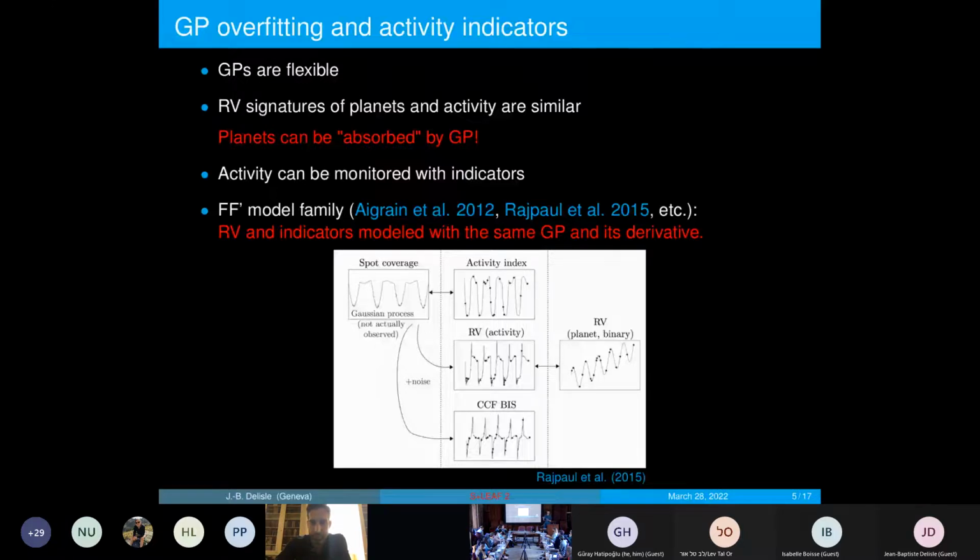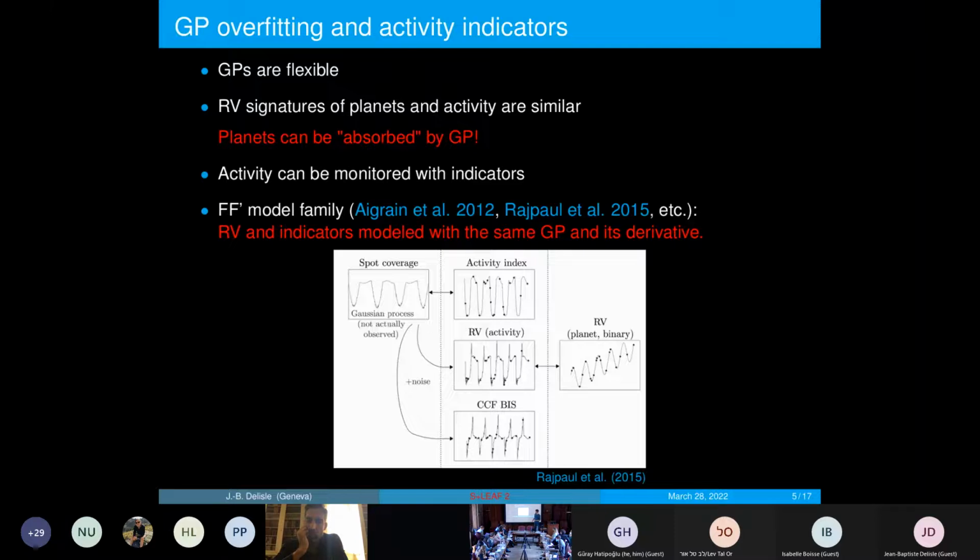So if we want our kernel to be able to model well this quasi-periodic signature of the spots, it will also model very well the planets. So that's where using activity indicators, as Oscar explained, is very useful because it can constrain our Gaussian process.